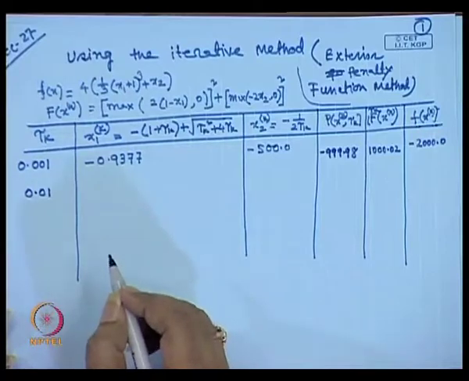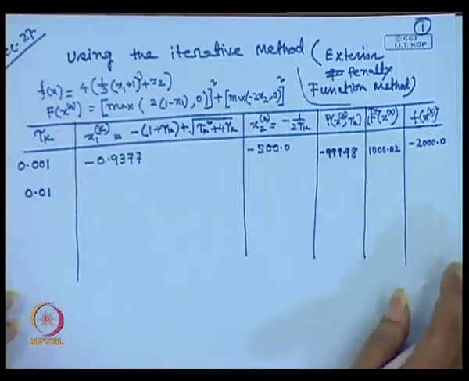You see the function value is decreasing, 2002, now it is coming near about 200, minus 200.